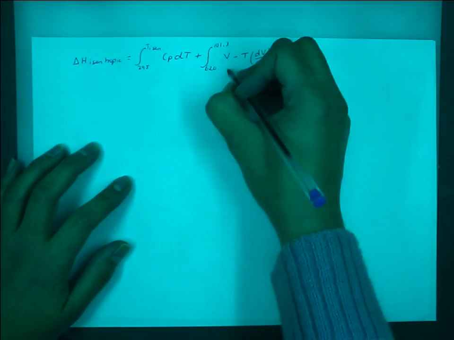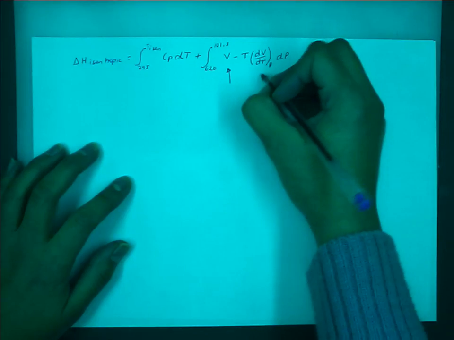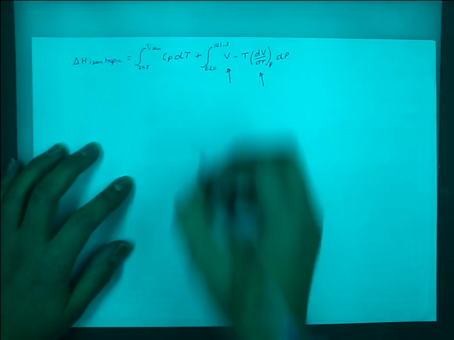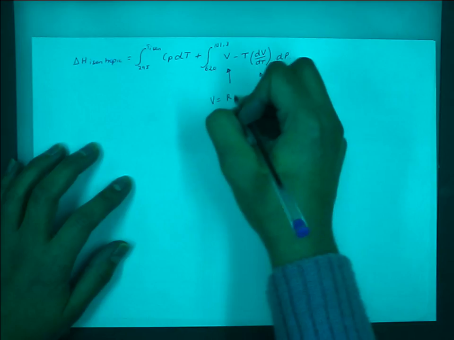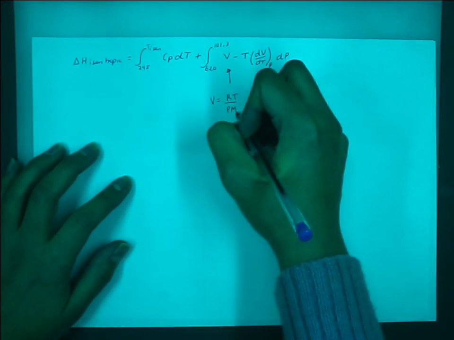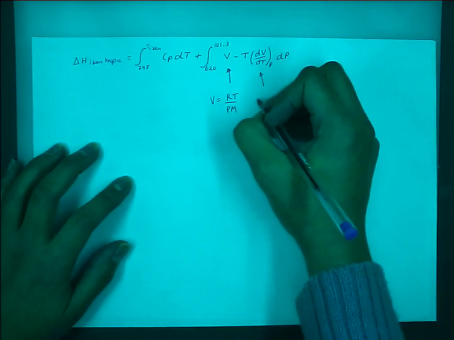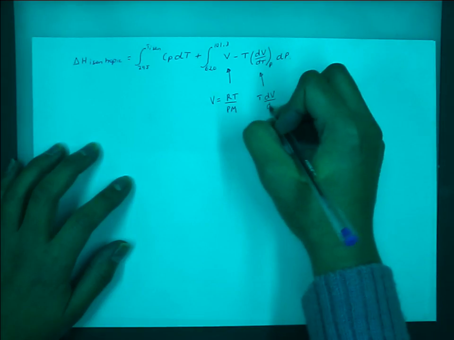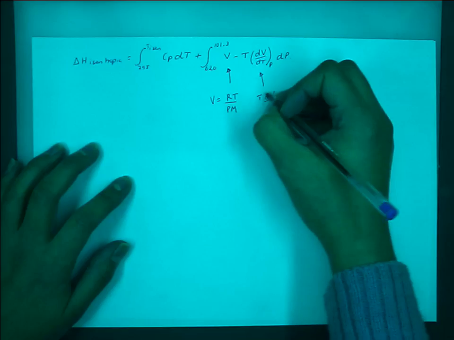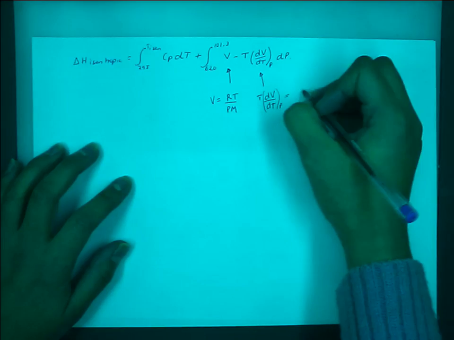Can you see that? So this will be RT over PM, and this one TR over PM. So once we substitute this, then what happens? It's 0. So all of this gets cancelled out for ideal gases normally. Okay? Can you see that?